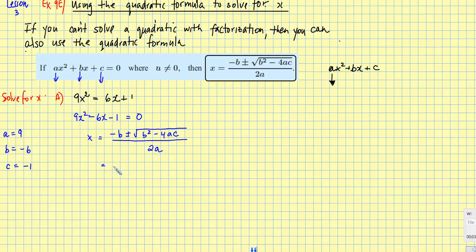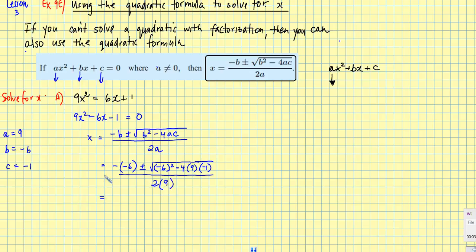So I will write negative negative 6 plus or minus the square root of negative 6 all squared minus 4 times 9 times negative 1, and that will all be divided by 2 times our value of a, which is 9.